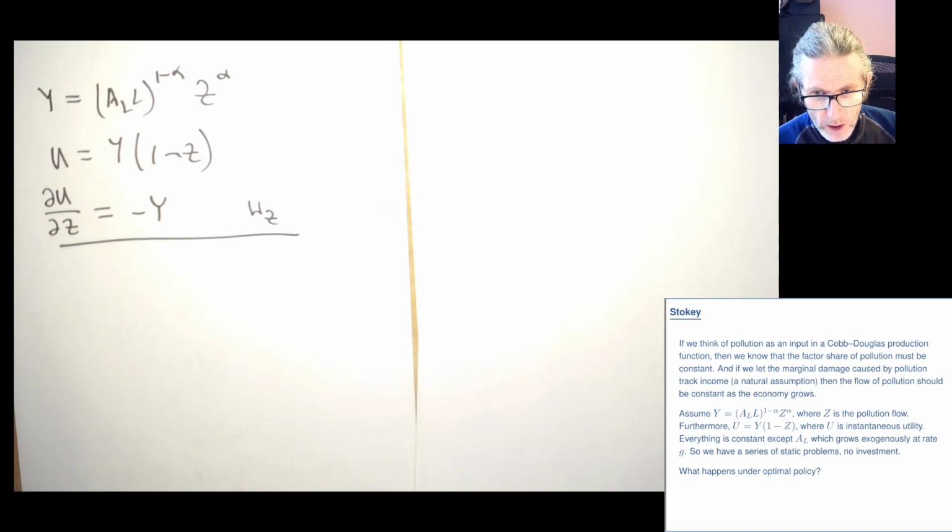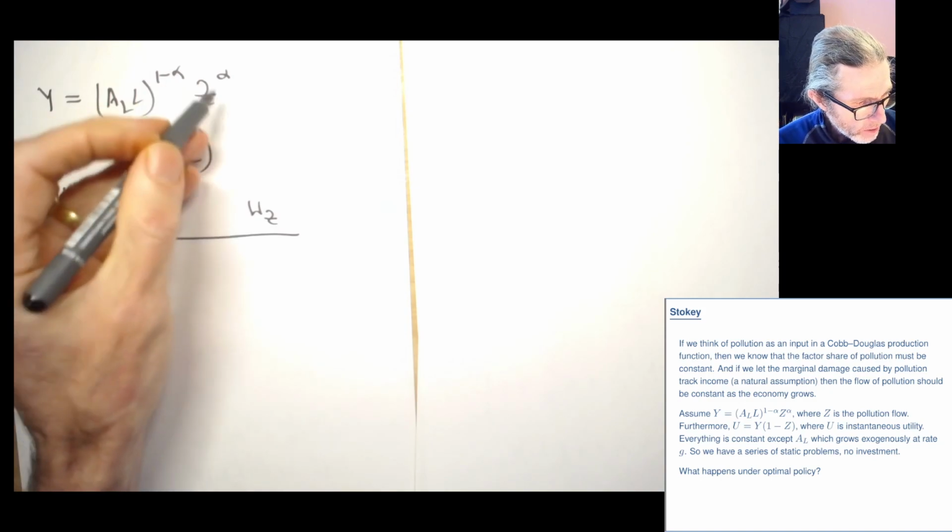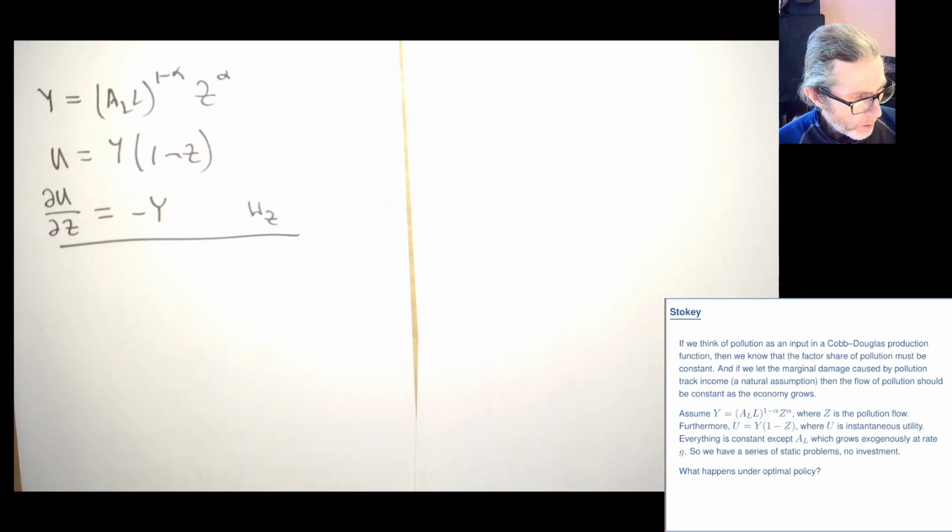Next thing. So y is (AL)^(1-alpha) z^alpha. How much pollution do we choose to emit?